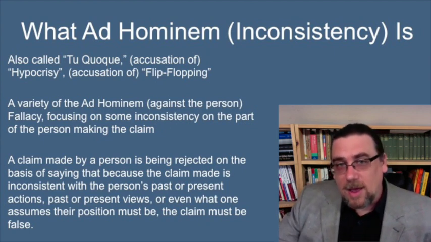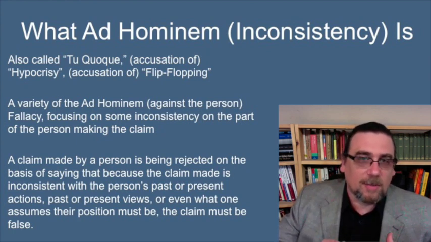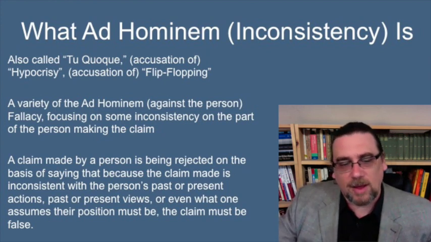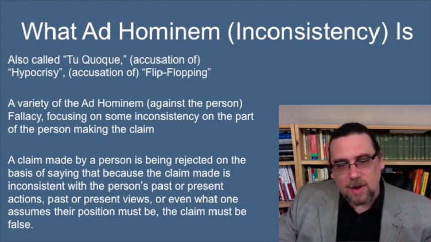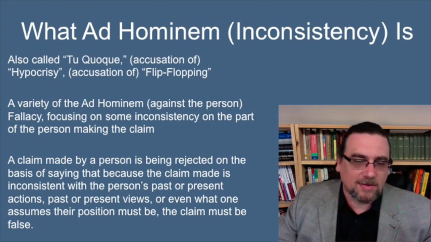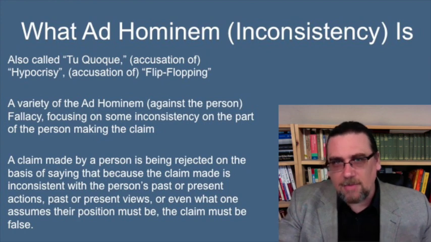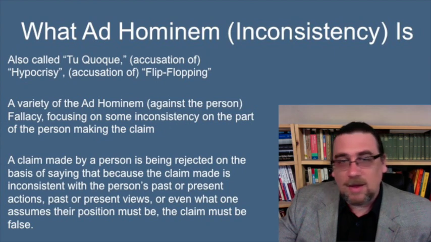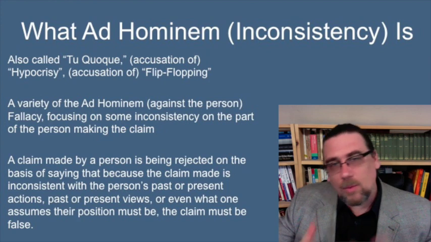Now, it's a variety of the ad hominem argument, so it's against the person, which focuses on some either real or alleged inconsistency on the part of the person making the claim. And how does this work? The claim that's being made by the person is rejected on the basis of saying that there's an inconsistency between the particular claim that's being disputed and other claims that the person has made in the past or the present, or might even be imagined to be making in the future, or with their actions, either present or past.